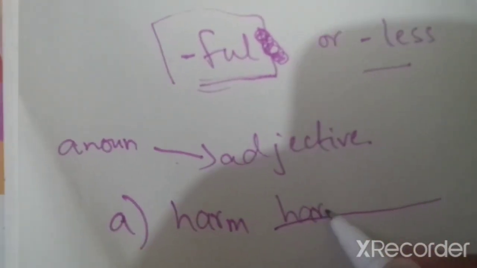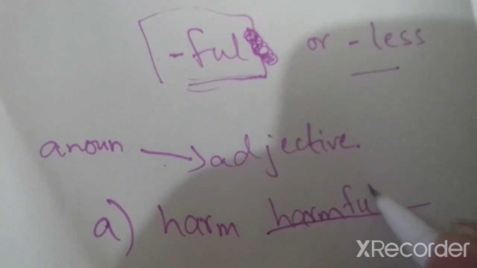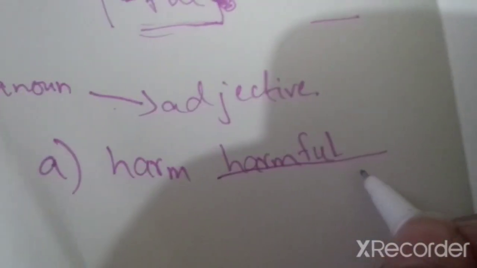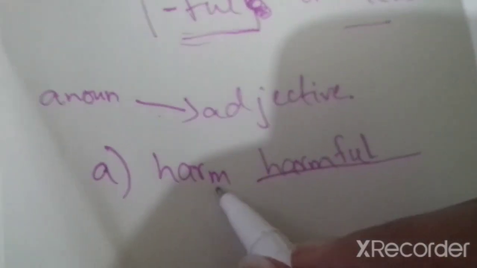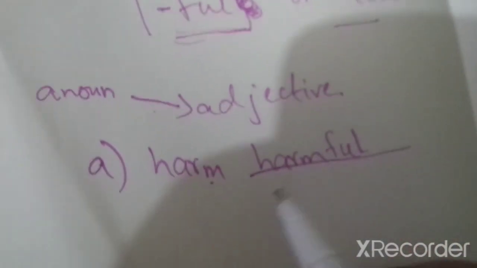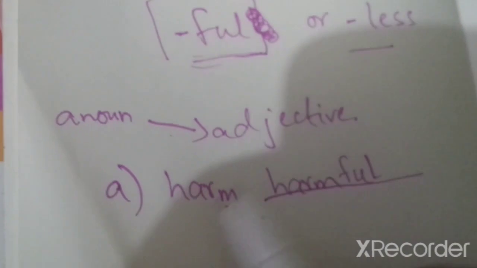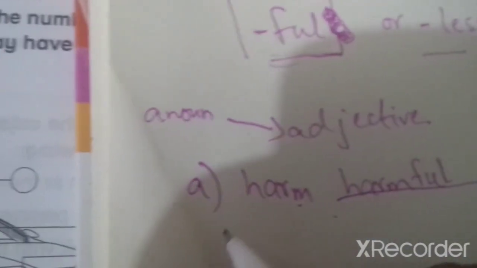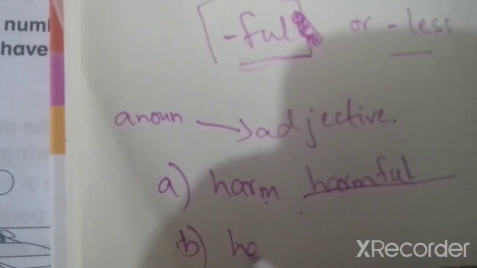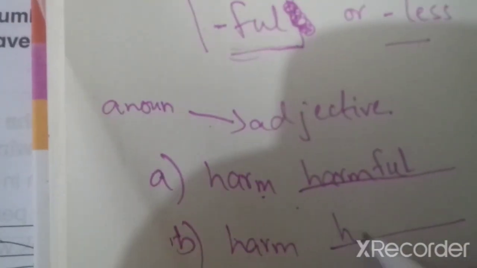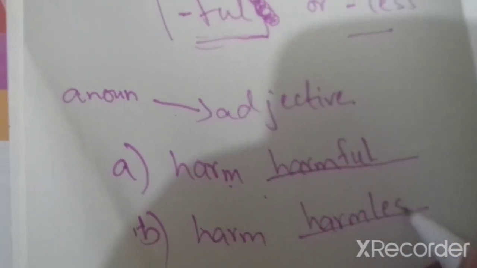If I am writing harm and then I write full at the end, but instead of writing two L's, I will just write one L, and it's going to become harmful. Now, harm was a noun, and by adding full we made it into an adjective. B part, harm, and in this part we'll add less. So it's going to become harmless.